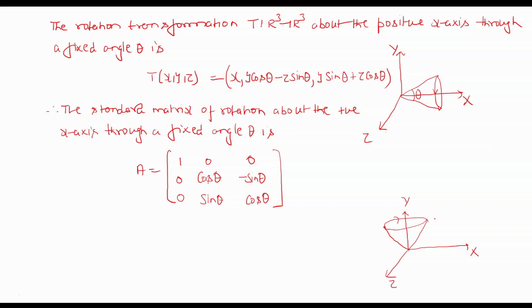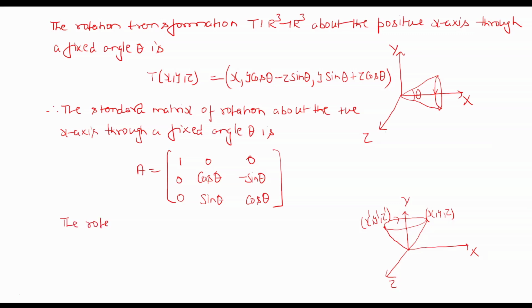So the new vector, rotated in the anti-clockwise direction, is x dash, y dash, z dash. Now when you rotate about the y-axis, there is no change in the y component. Got it? Then what should be the z component and x component?